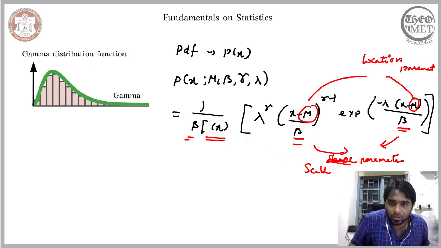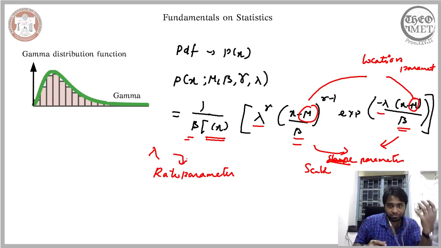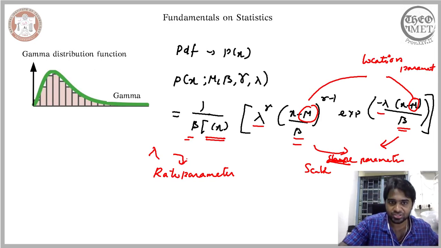Now the other characteristic feature is the gamma function, and this lambda is what we have referred to as the rate parameter. It has a function similar to that of the rate parameter in the exponential function. Again, it governs the slope of your distribution function.